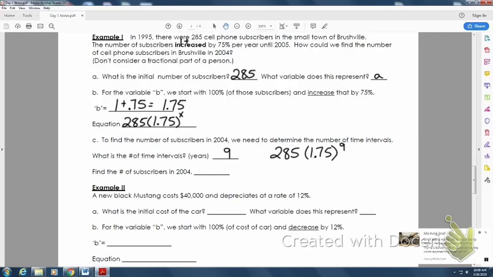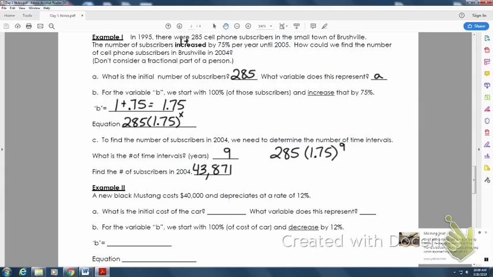Again, that x is going to, 95% of the time, represent some form of time. The other 5%, it's going to be like what we did today, the trial numbers. So whenever I do that, how many subscribers were in 2004? 43,871.